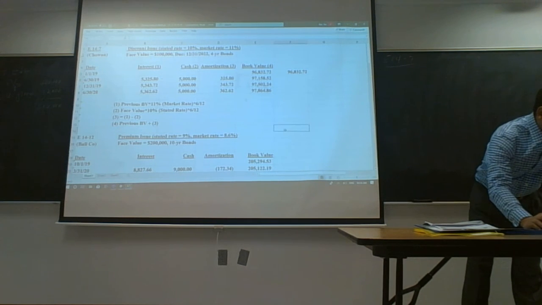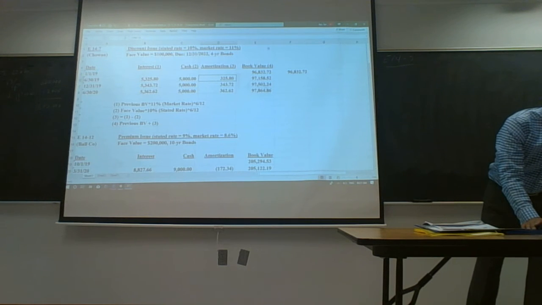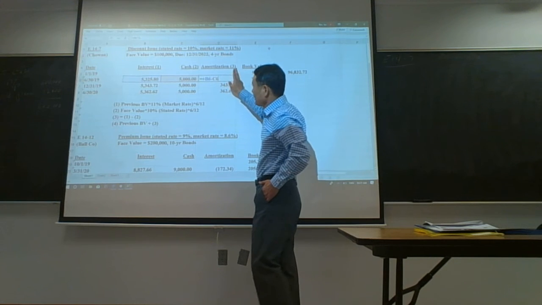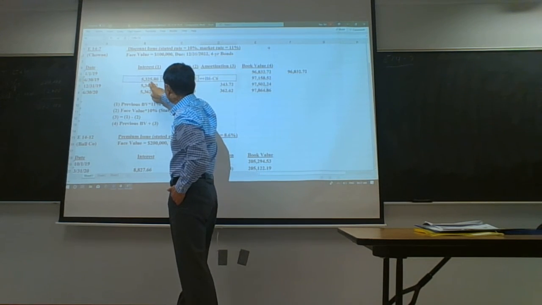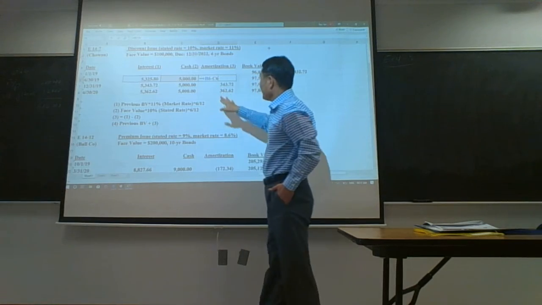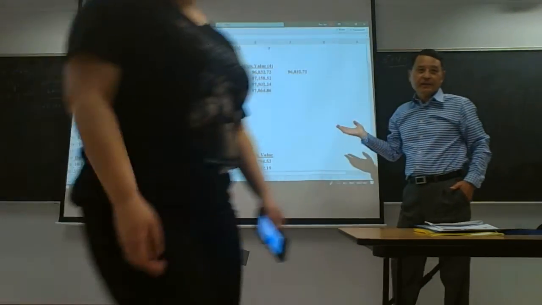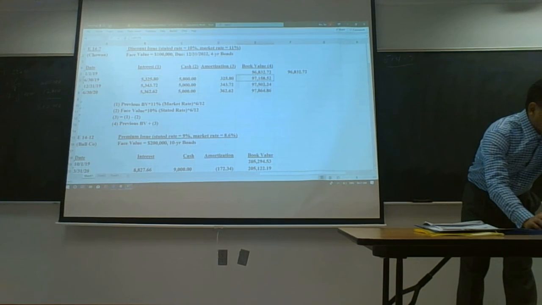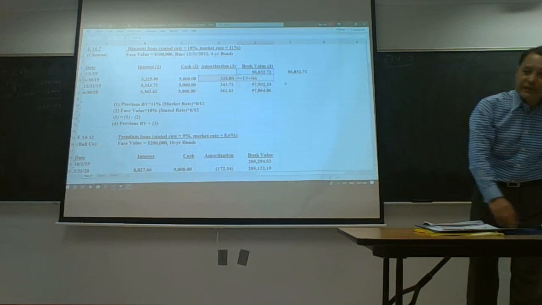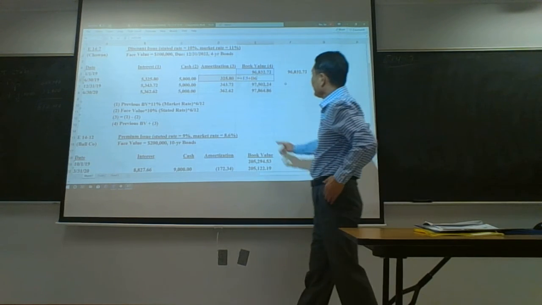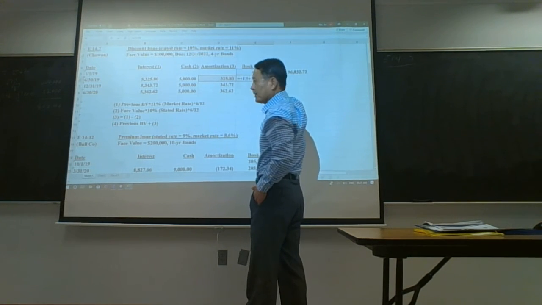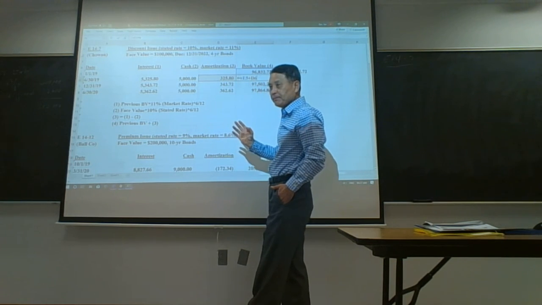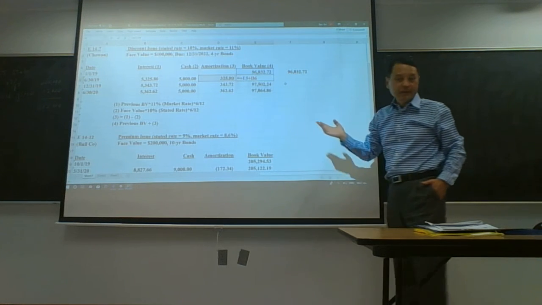And column number 3 is the difference between 1 and 2. Column number 3, the amortization column, is D6 minus C6. Always like this. And right after this, ending book value: E5, beginning book value, plus D6, amortization, is ending book value.